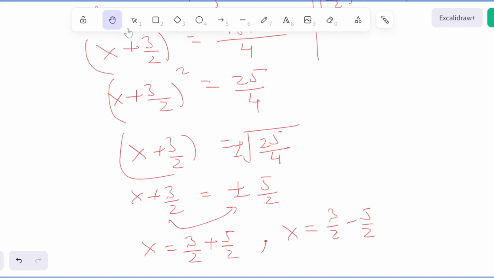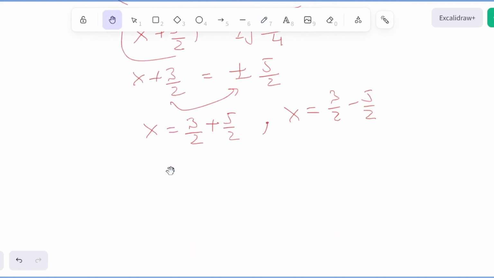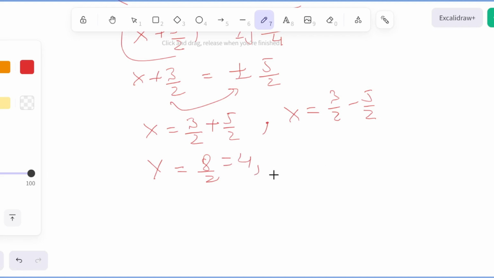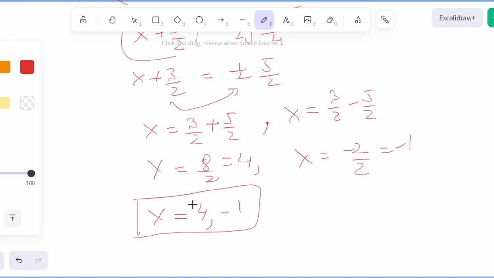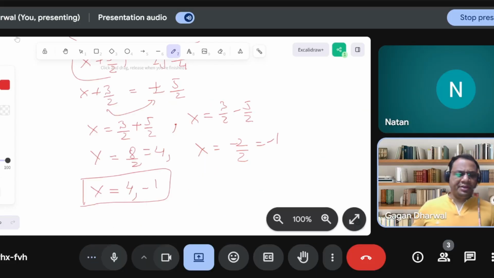When it is plus, you get x equal to 8 by 2, which is 4. And when it's minus, you get minus 2 over 2, which is minus 1. So what are the values of x? 4 and minus 1. So this is how we solve any quadratic equation by completing the squares method.